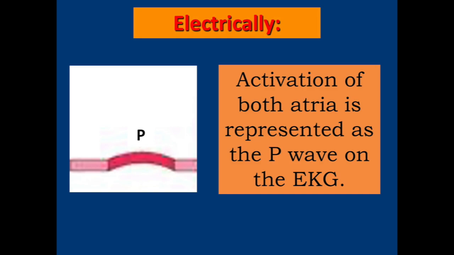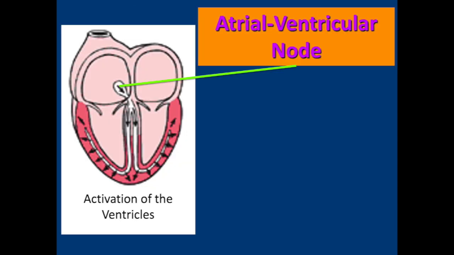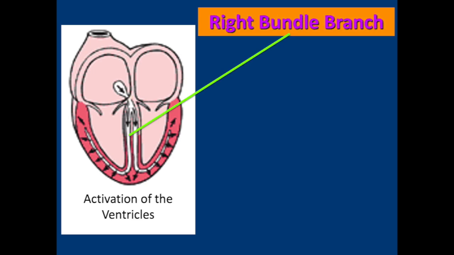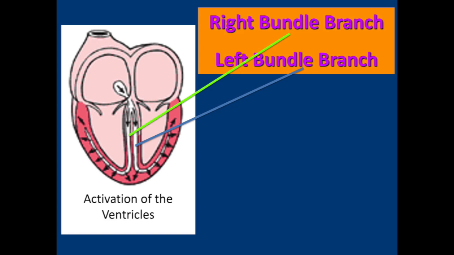The signal is going to then progress down to the atrioventricular node. So that node is going to be right at the junction between the atria and the ventricles. Then it's going to proceed down the bundle of His, and it's going to split into a right bundle branch and a left bundle branch.